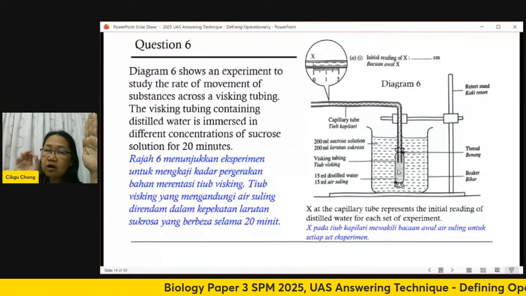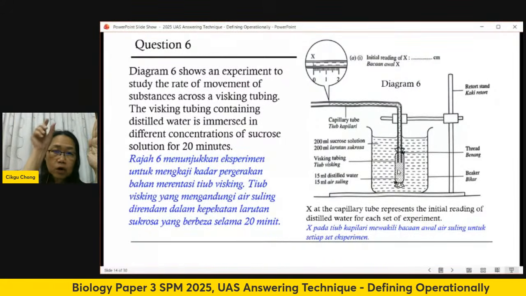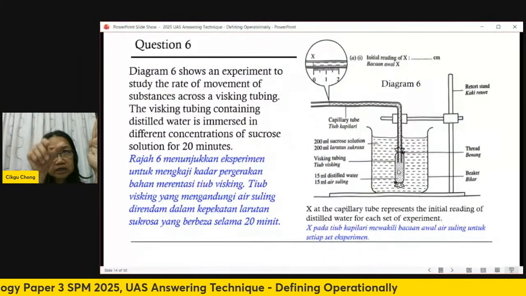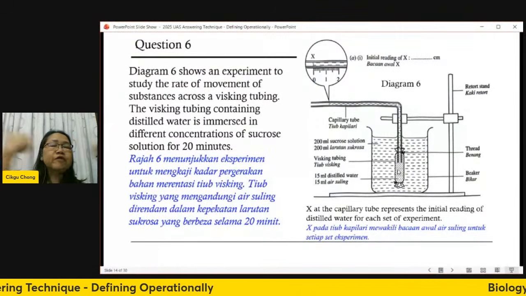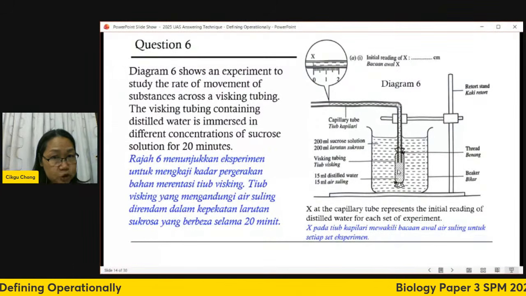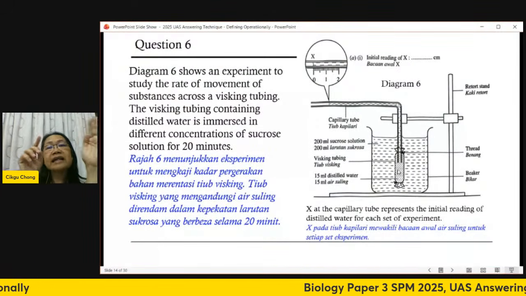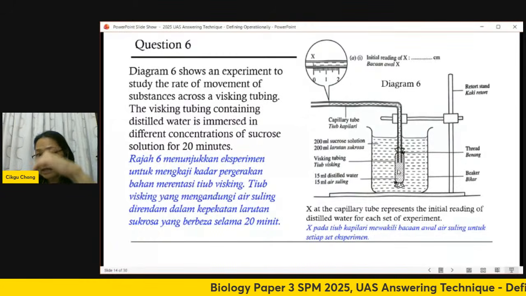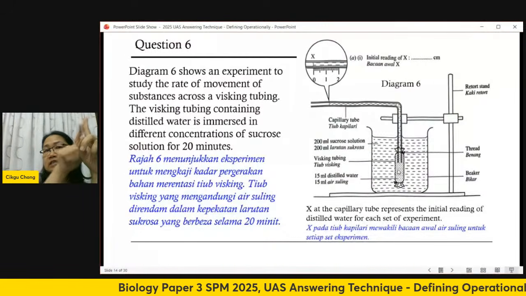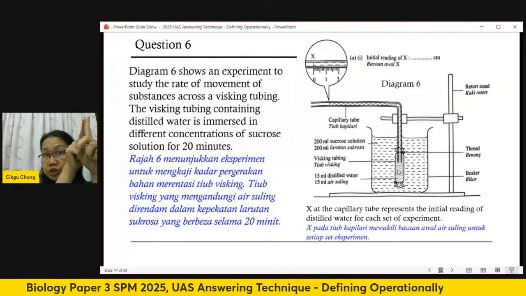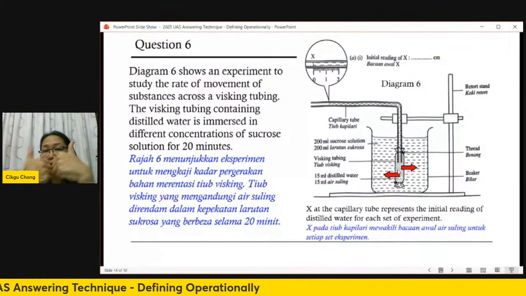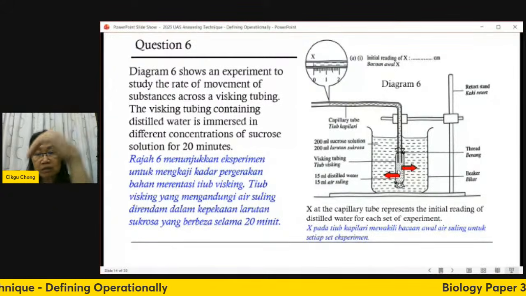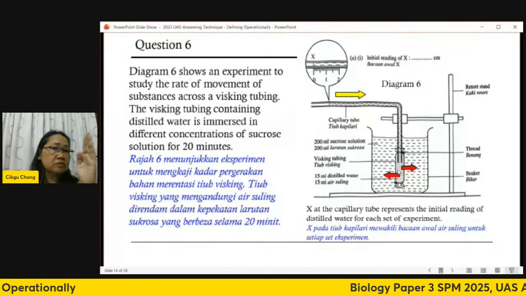Then when osmosis occurs, water is inside this hypotonic tubing and will diffuse out of the visking tubing. Therefore, the level will drop. The water inside will become less. So the water in this capillary tube will move inwards. Like this, when water goes out, the water will come in. So this will move.